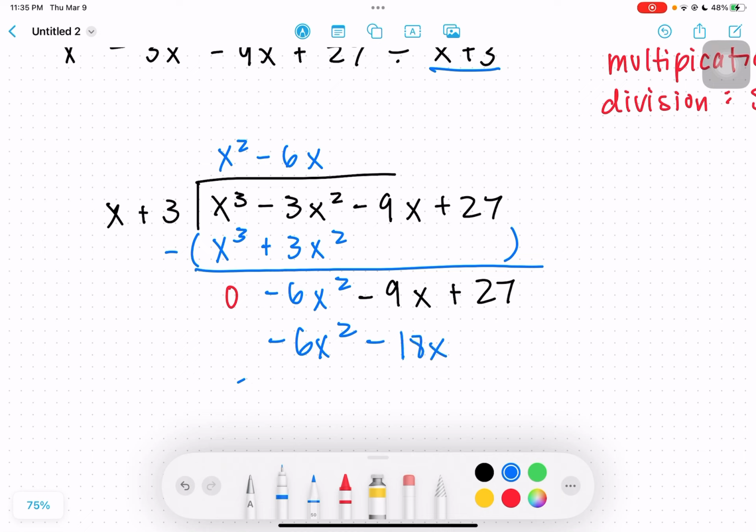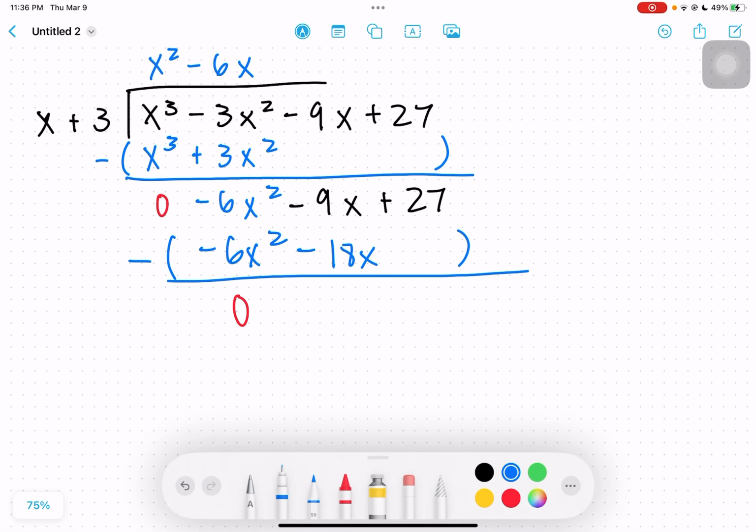Negative 6x times 3 is negative 18x. Now you subtract. Negative 6x squared minus negative 6x squared is 0. And then negative 9x minus negative 18x.